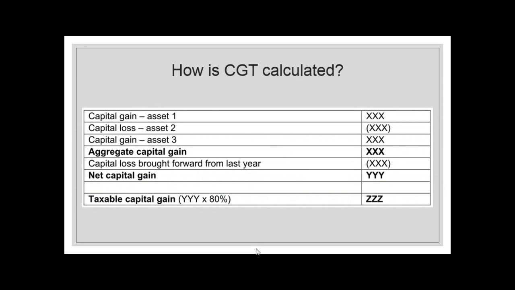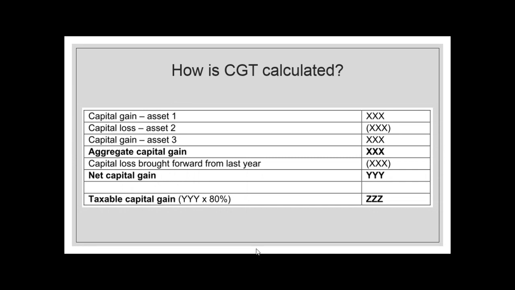Okay, so the first thing you use is the proceeds. Okay, so how much money do I get in? So it can either be money that someone's paid me, it can be insurance money that I receive if it's scrapped. Okay, the second thing is the base cost. Now that will be determined based on when you acquired that asset.